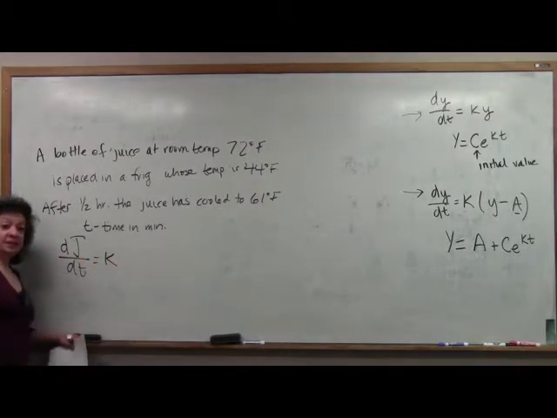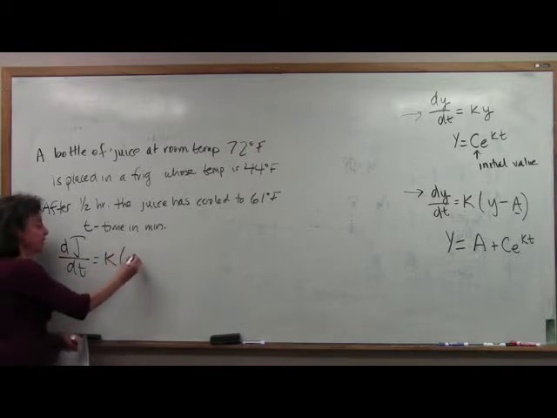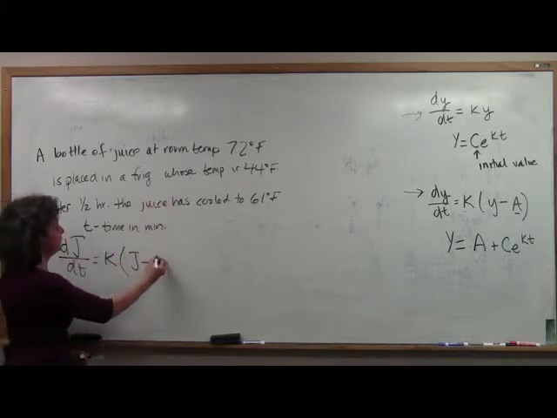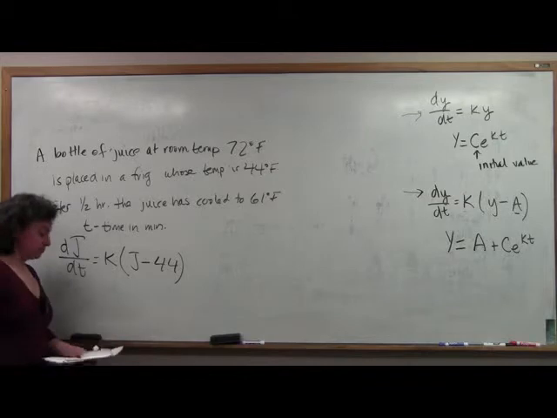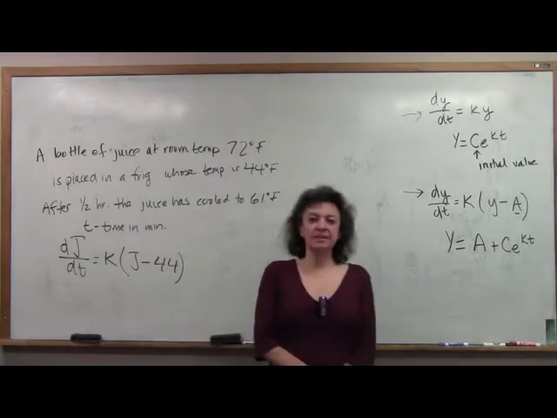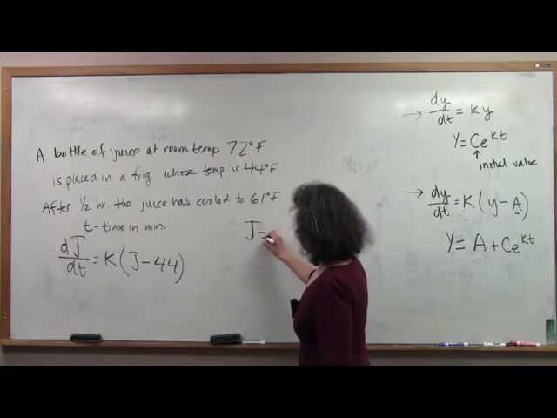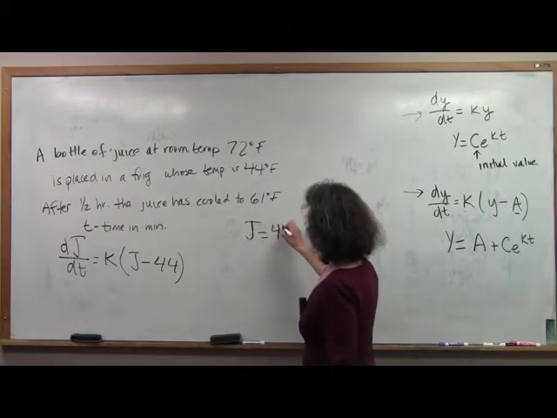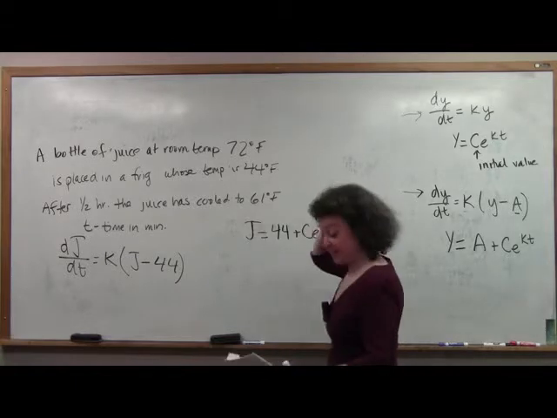We know by Newton's law, in this case of cooling, that the juice is going to cool at a rate proportional to the difference between its temperature and the temperature of its surroundings, which is 44. So at this point, we can get our function J to be equal to 44 plus C e to the kt.